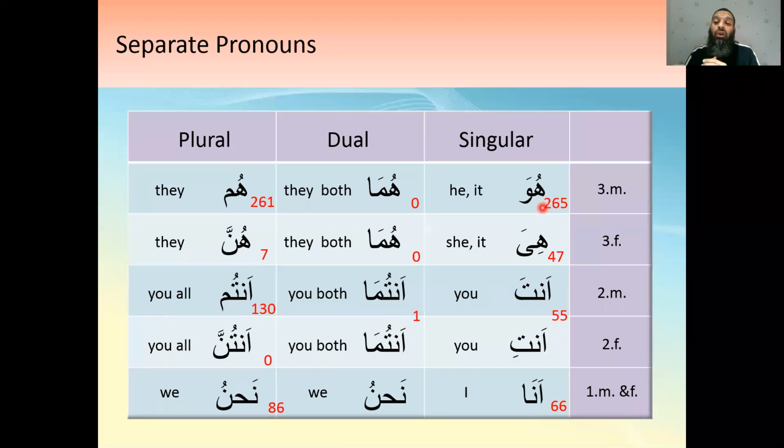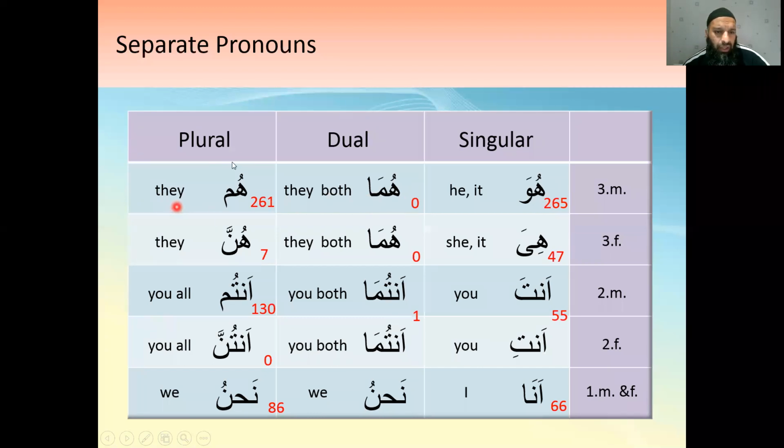Allahu la ilaha illa huwa. There's none who has the right to be worshipped, illa huwa, except him. So huwa, 265 times. Huwa means him. Huma means them two.